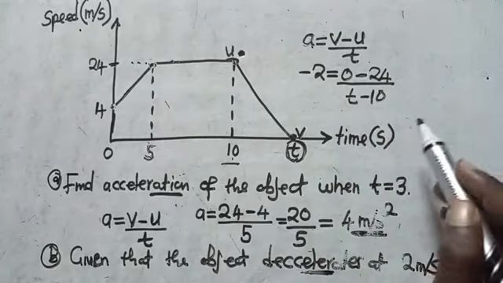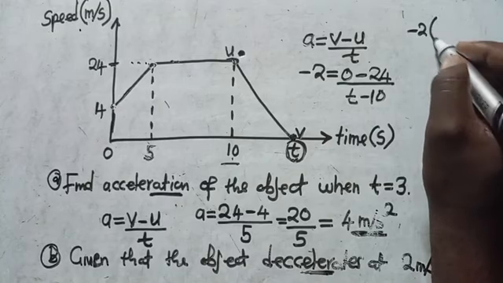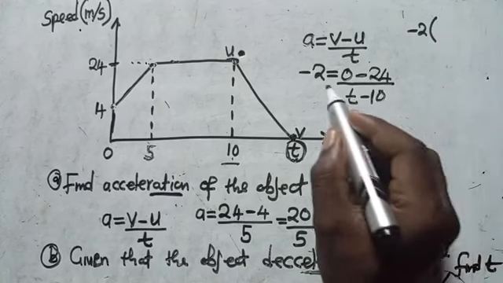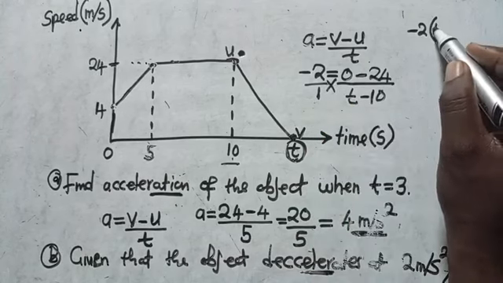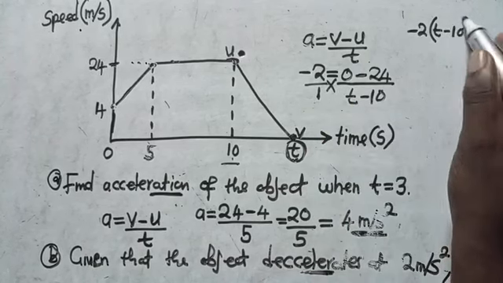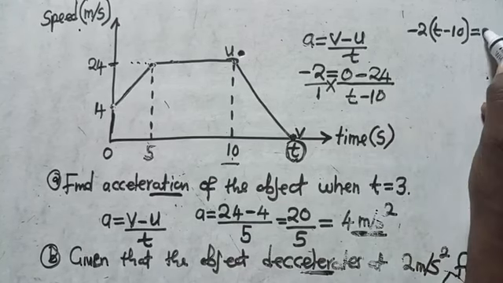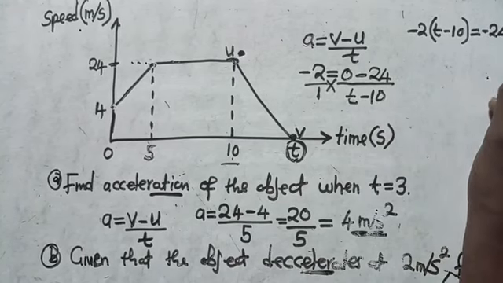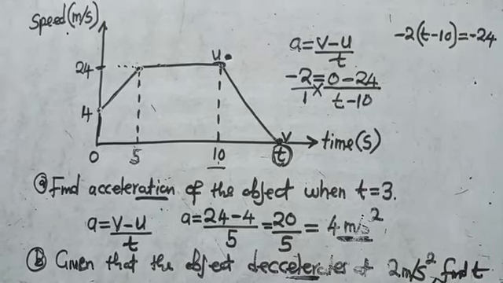From here, negative 2 will be multiplied with this one. I cross multiply over 1, so that will be multiplied by t minus 10, which is equal to 0 minus 24, that is negative 24. That is what I'm going to come up with.